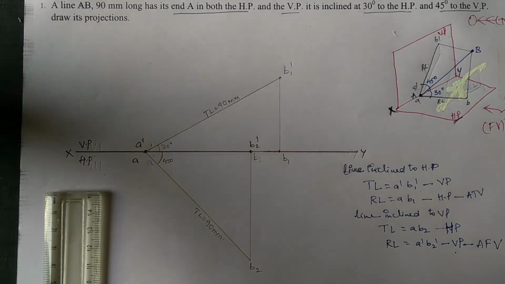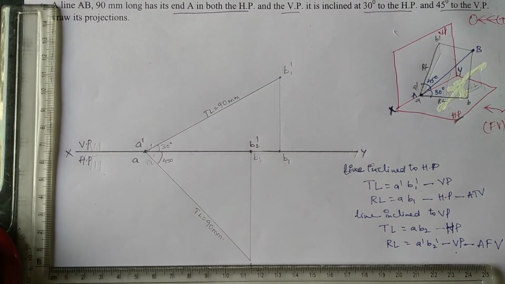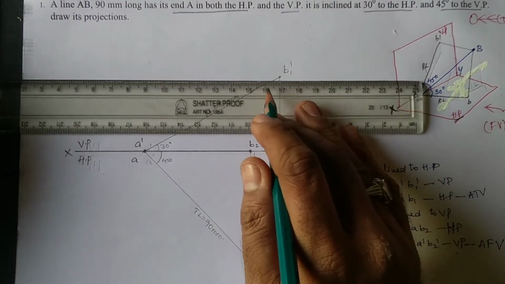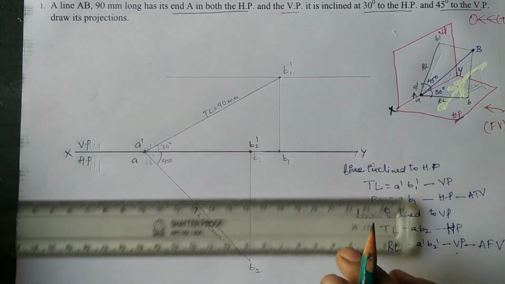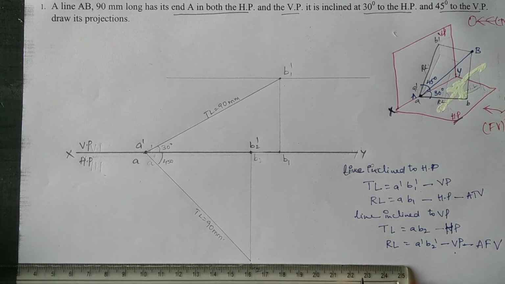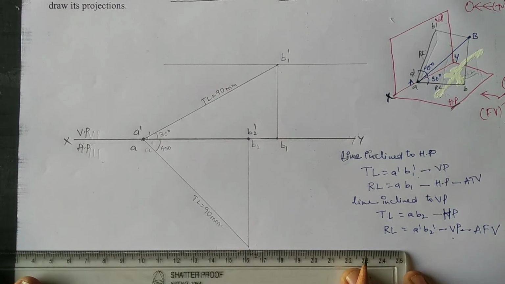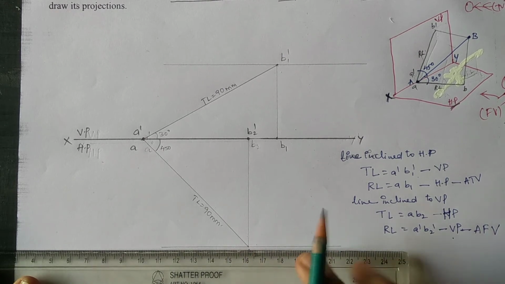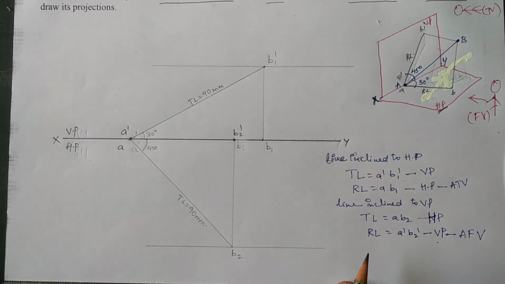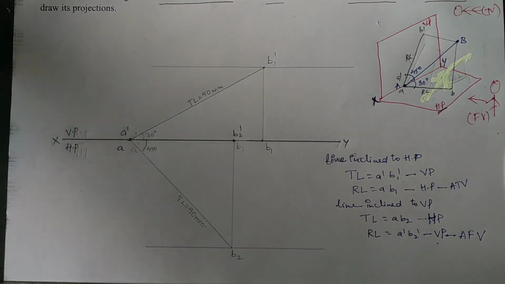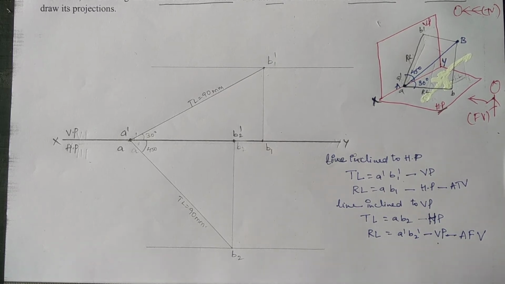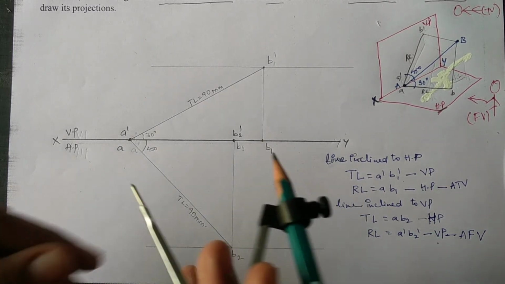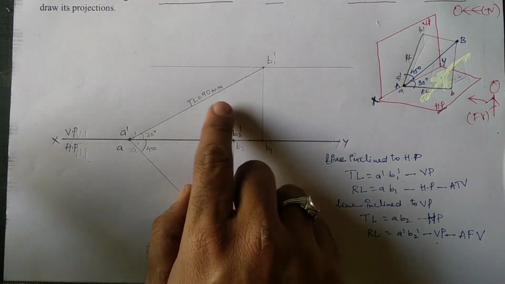Now draw the locus lines at the movable end of the line, parallel to the XY line. Using the compass, let me go ahead with the vertical plane.